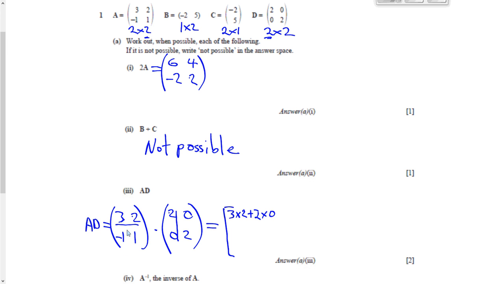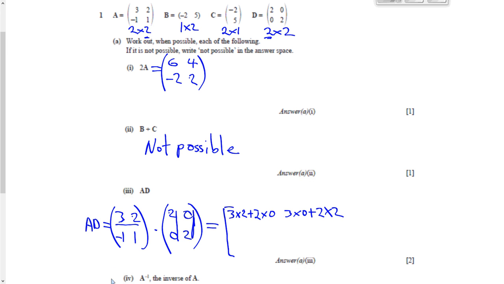Now if we're going to do the top right side, that's going to be our top right element here. We're going to have 3 by 0 plus 2 by 2. All right. So we've done the top left and the top right.